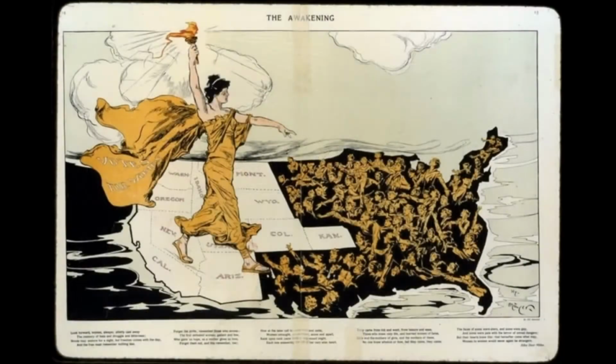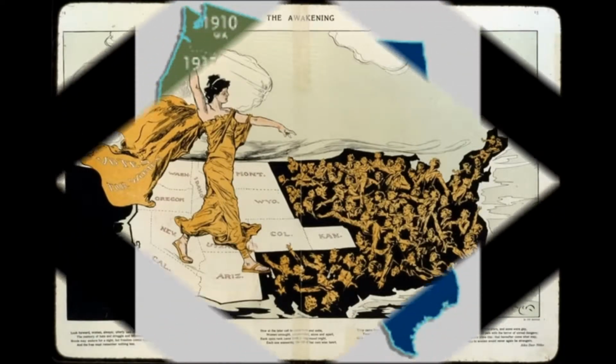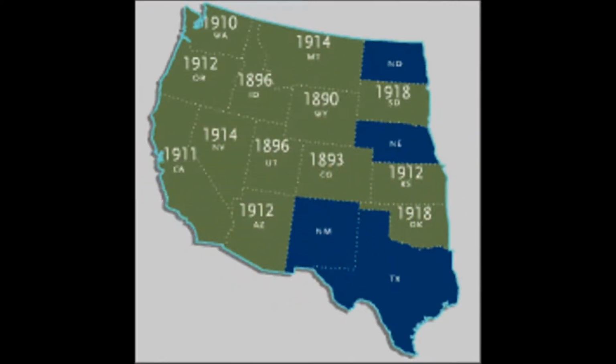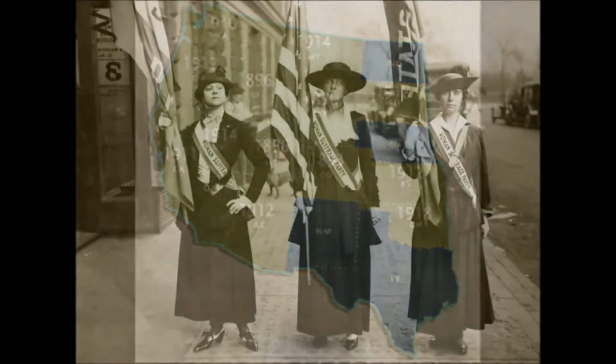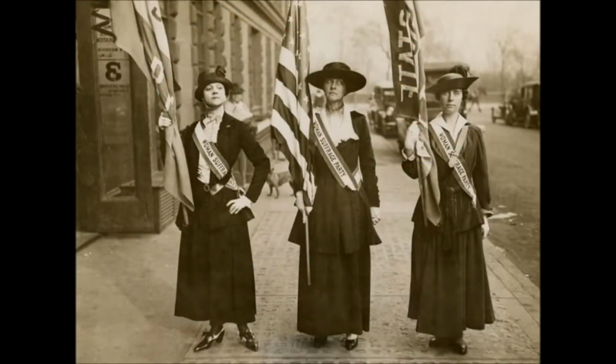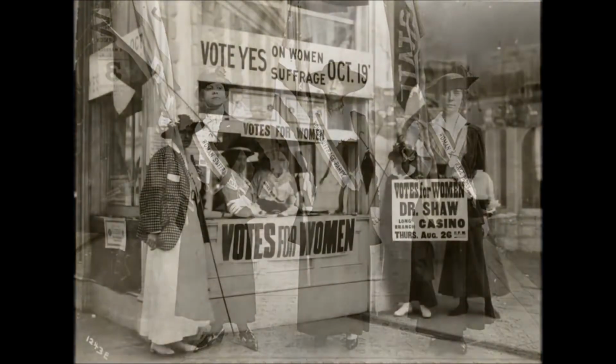Throughout the early 1900s, many more western states were added to this number, with 15 states eventually passing women's suffrage laws prior to 1920. However, despite these successes, the idea of a constitutional amendment would not go away.